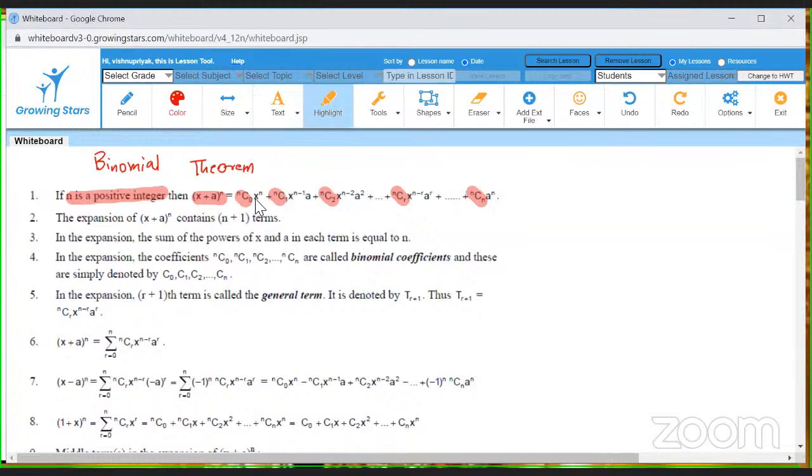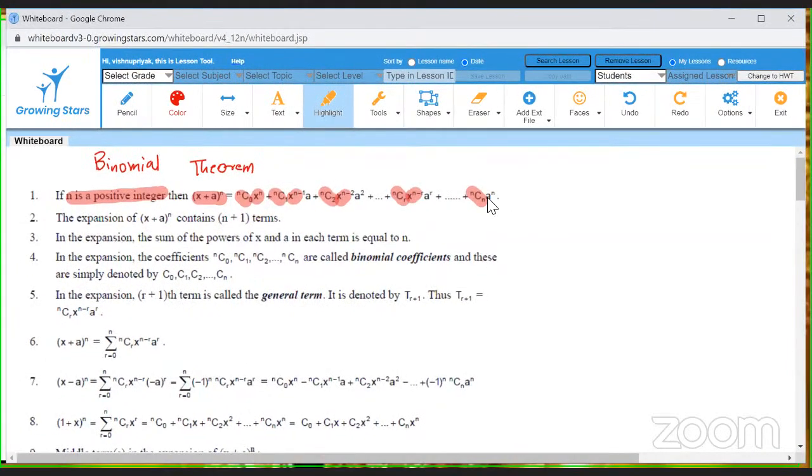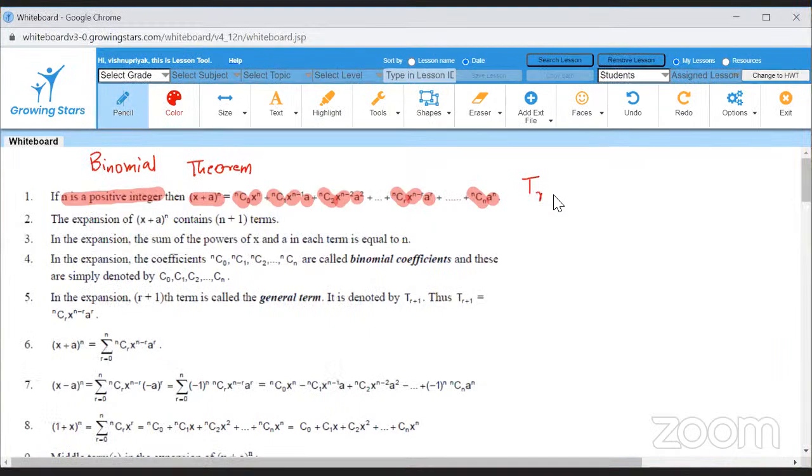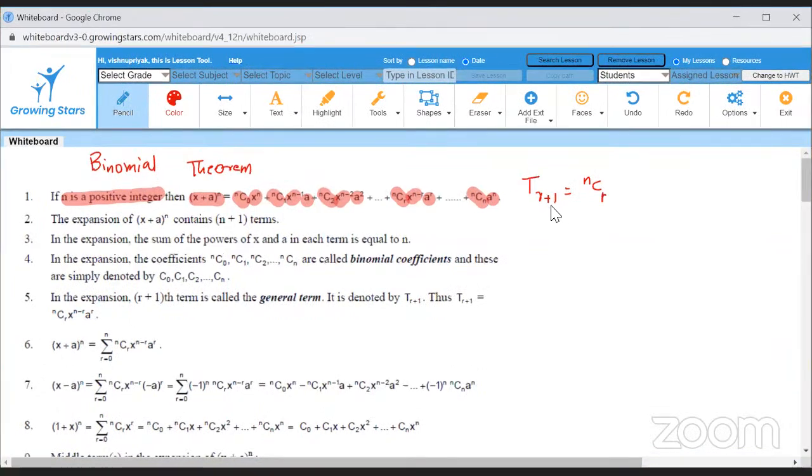When you take the power of x: x power n, x power n minus 1, x power n minus 2, x power n minus r, x power n minus n, that is 0. When you take the powers of a: a power 0, a power 1, a power 2, a power r, a power n, increasing. So basically you can remember the general term, r plus 1 as NCr. Here r plus 1, so 1 less.